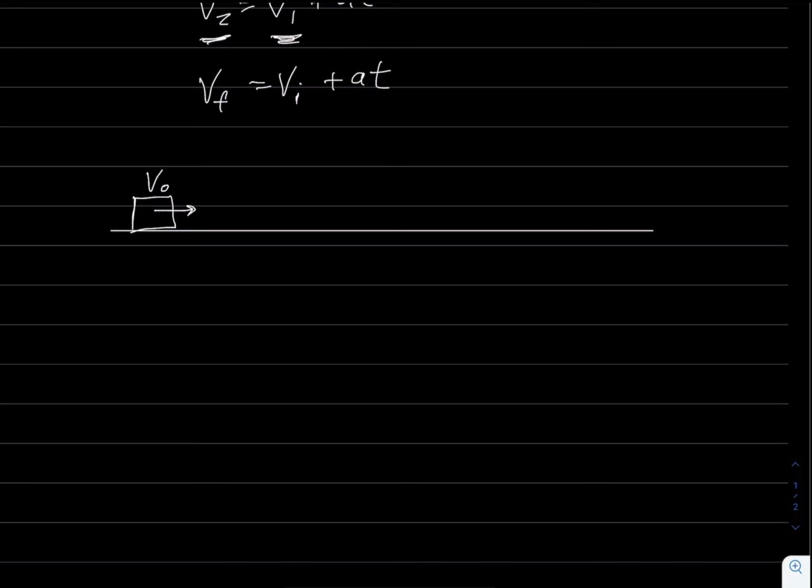And now, in a certain area that has a certain distance d, while this block is chugging along through that particular part of the plane, it undergoes an acceleration a. And now we want to know what is the speed of the block, we'll call it v1, after it undergoes that acceleration.